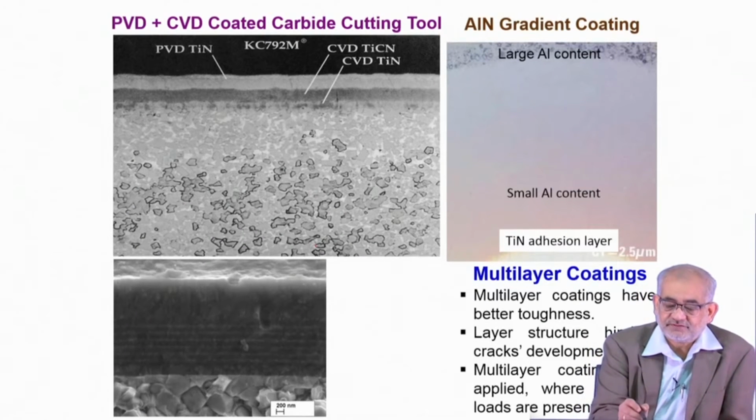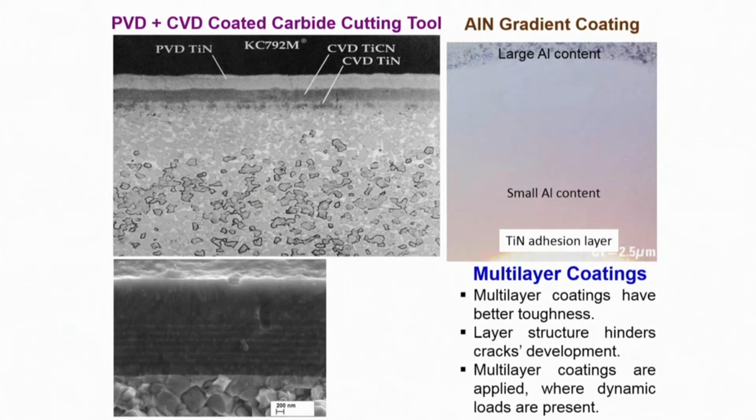So this is an example of certain coatings that we can develop. Maybe first you have a PVD coating, and then a CVD coating, and then a final PVD coating. So this is the kind of composite coating that you can develop.